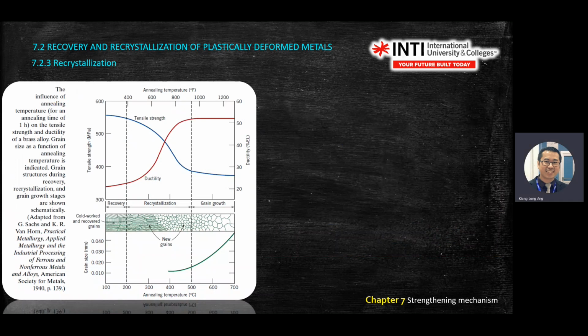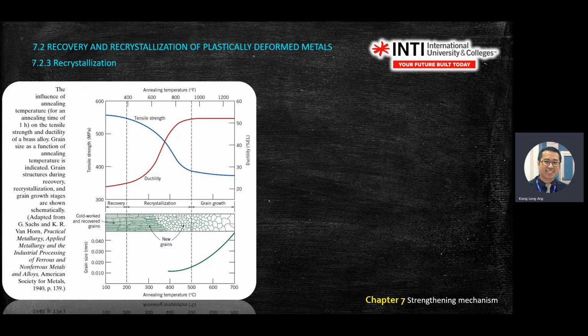This is another textbook graph that is clearer than the picture just now. As you can see, the x-axis is always temperature, or call it annealing temperature. We heat it up. Then there's a grain size here. The grain size only appears when there's a recrystallization process.